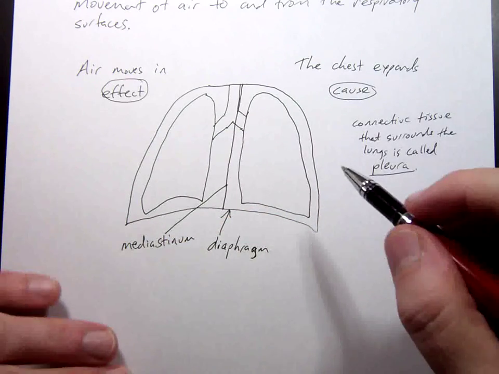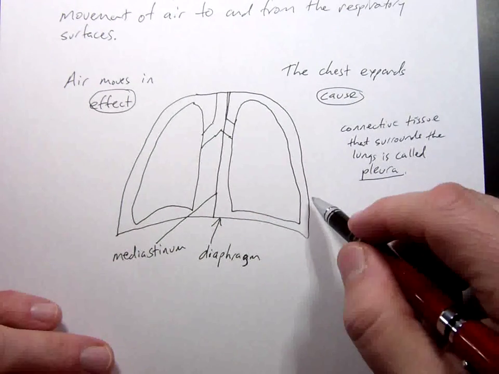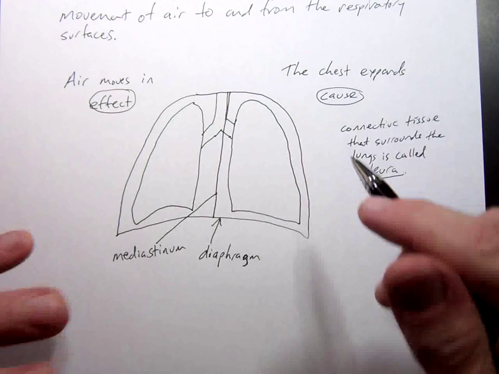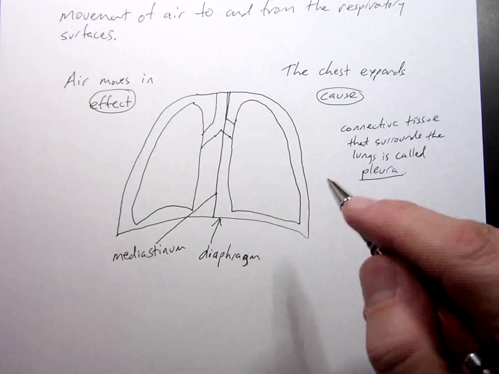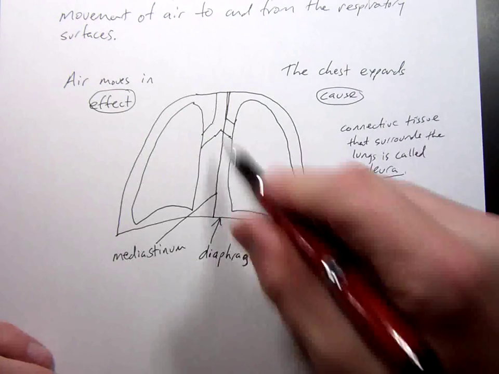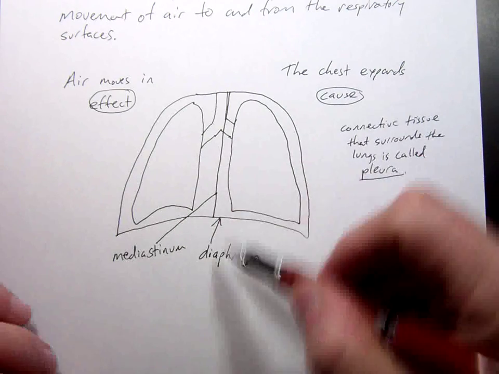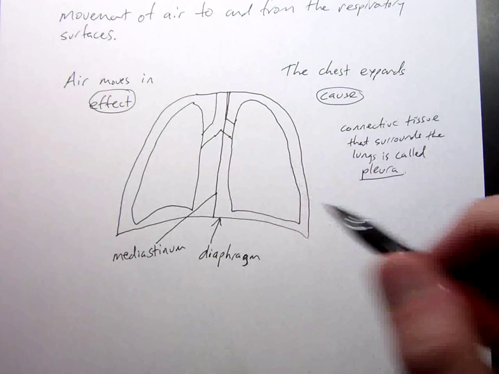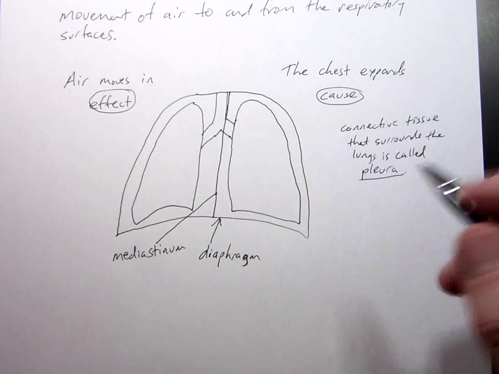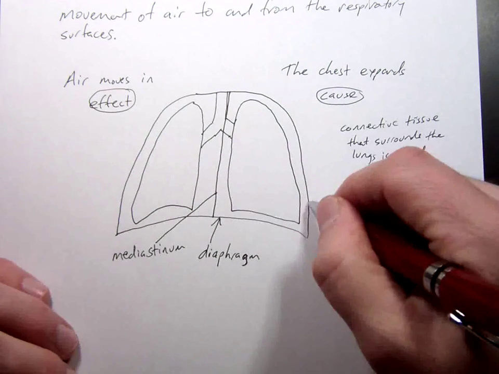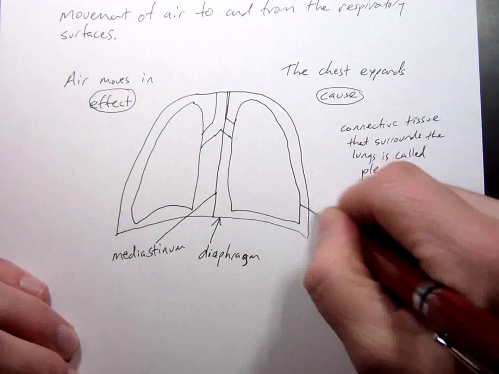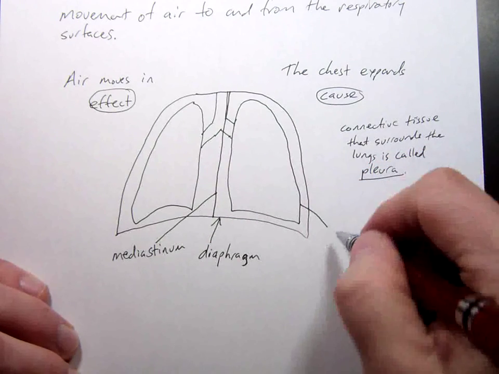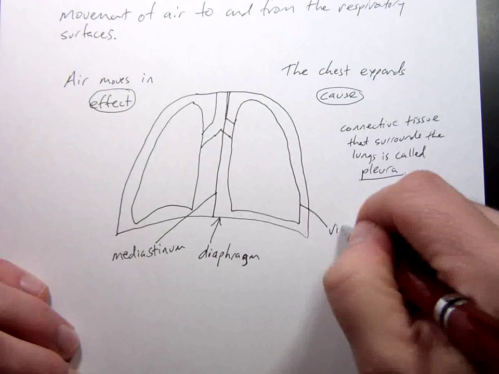Mediastinum is really important because if one lung collapses, it can no longer draw air in. But the good news is, because they're both packaged separately as a result of the mediastinum, if one collapses, the other one will not collapse. They're both managed separately. Now, the pleura that surrounds the entire lung is called the visceral pleura.